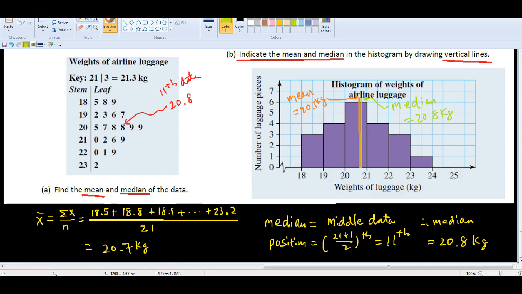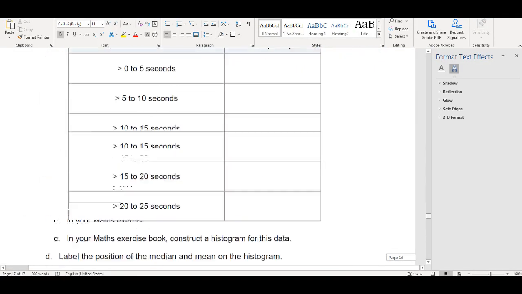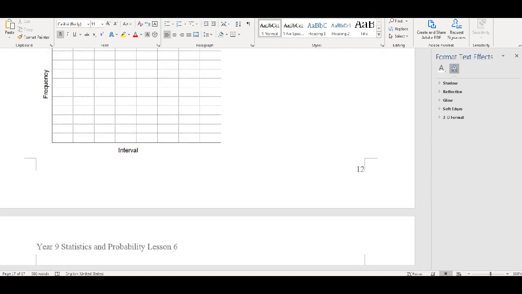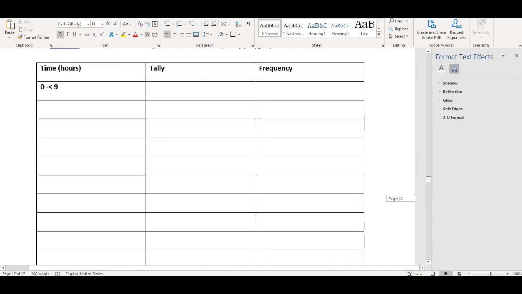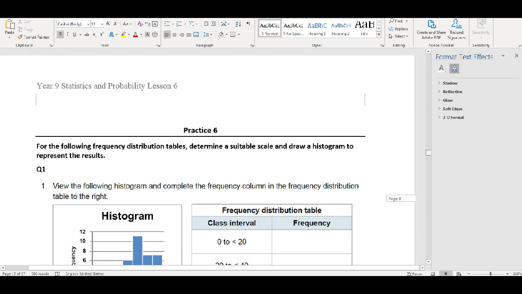In the handout of lesson 6, I give you some exercise as well. If you can have a look, all these are practices. For this exercise, it's a bit difficult for you to just copy them and do it on a piece of paper.